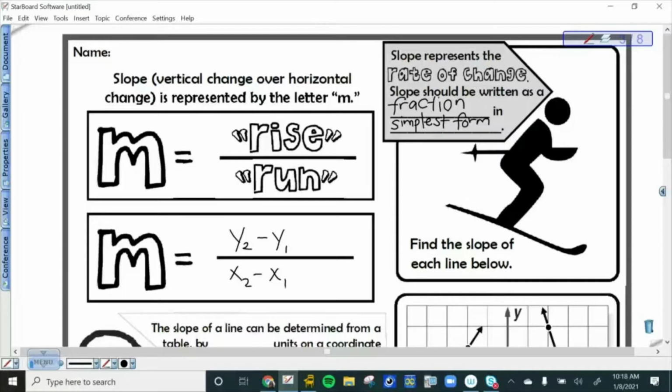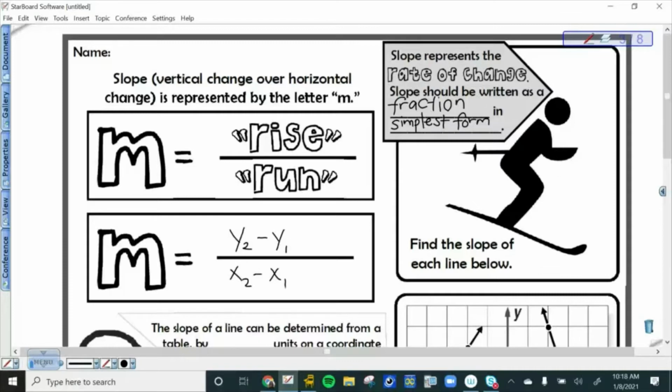Do you see how there's x2 first, y2 first, and then x1 second, y1 second? So that's saying that these two values correspond with each other. That's one point. And then this is our second point. I think it'll become more clear in a minute.